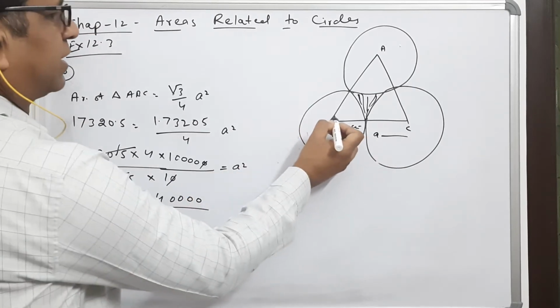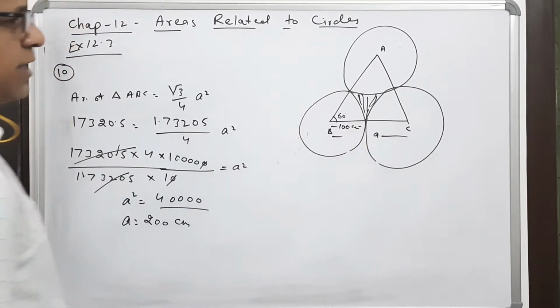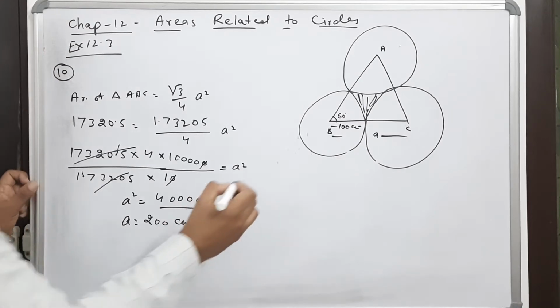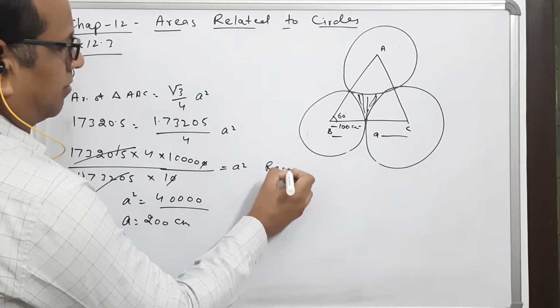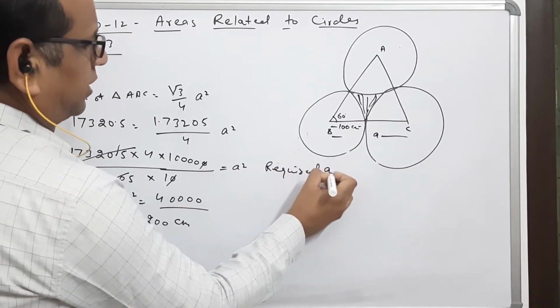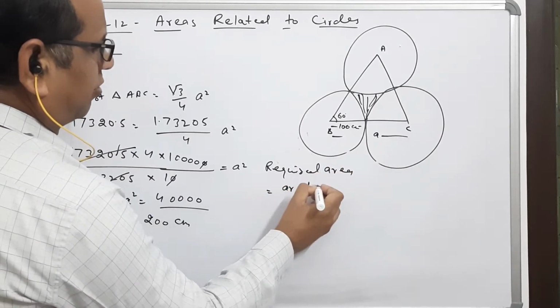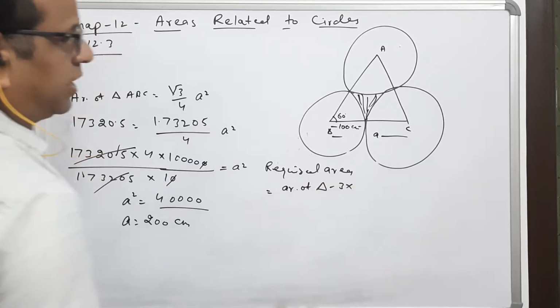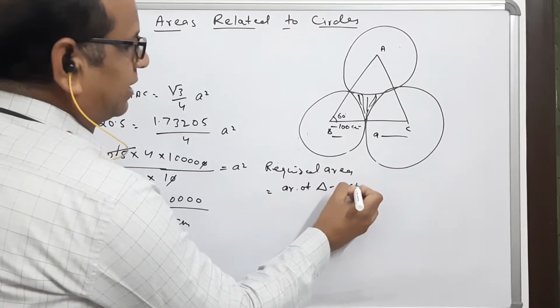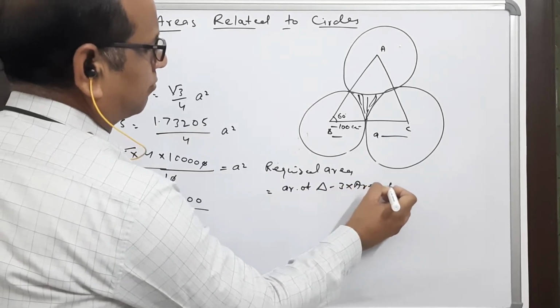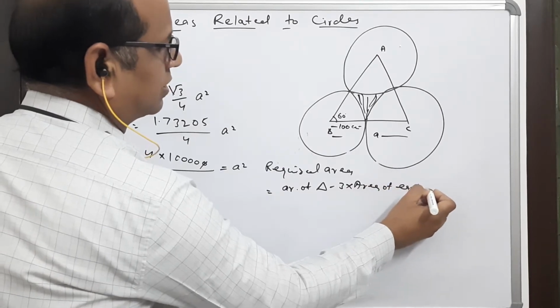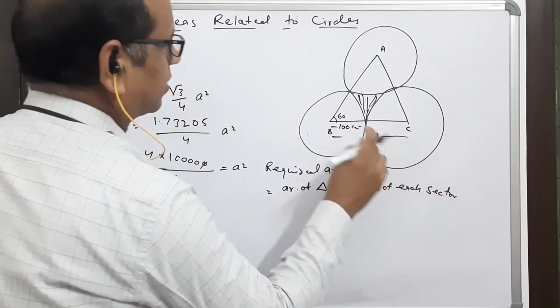Now you know it is an equilateral triangle, so this angle is 60 degree. So what is the required area? Required area is area of triangle minus 3 into area of each sector. 1, 2, 3.